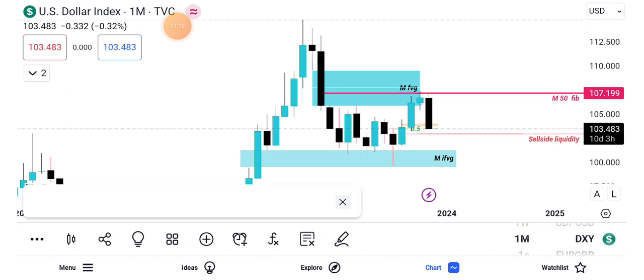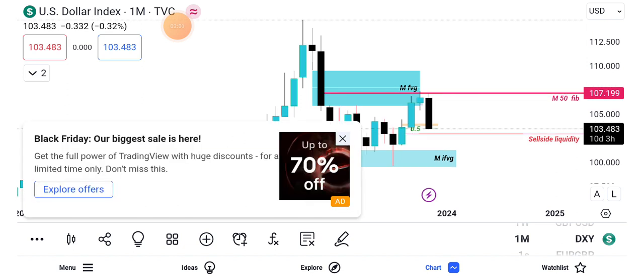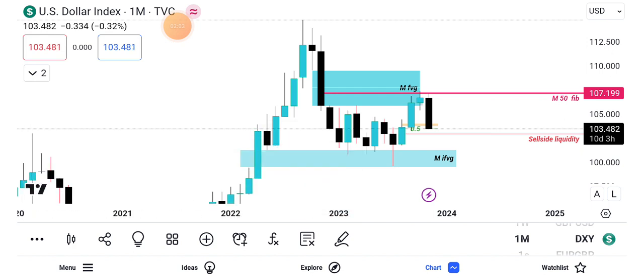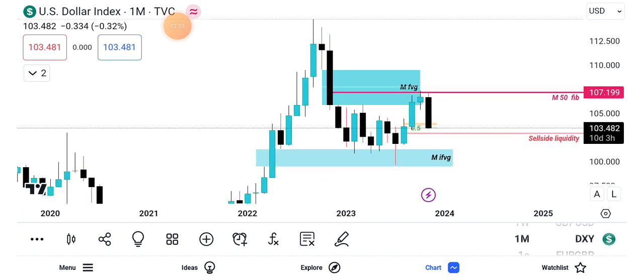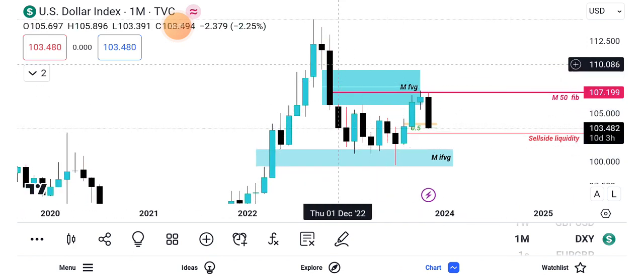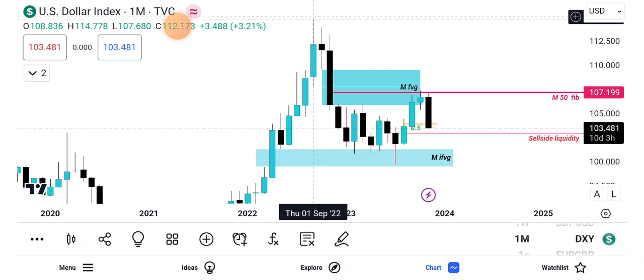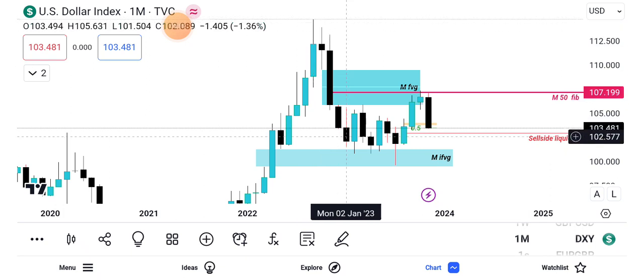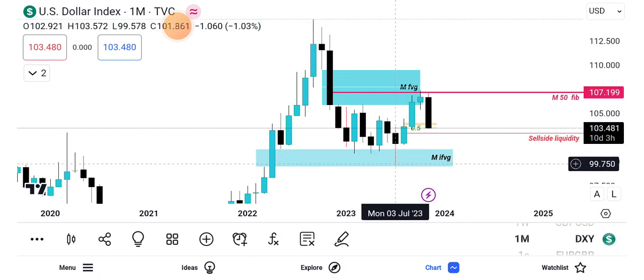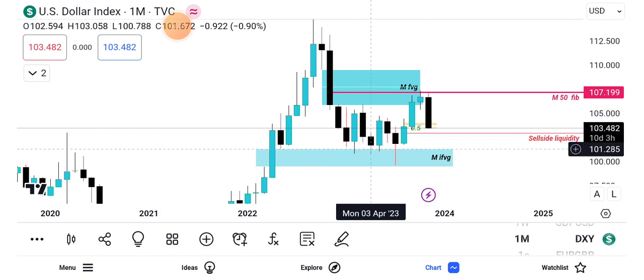So from this level, as you can see here, sorry for this, I just tapped into these. We have this bearish price leg from this swing top to this swing low, the bottom. So these are the price leg.